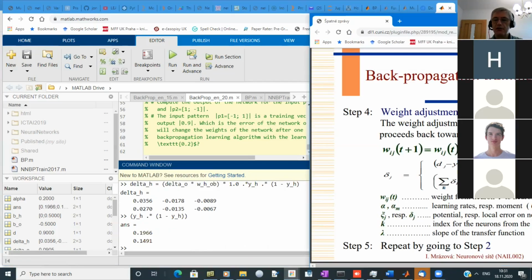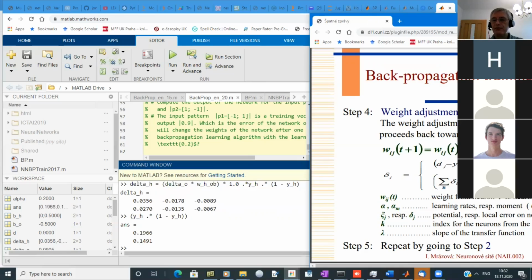In our case, delta O is just one value, and we should obtain something which could be used to compute these terms.